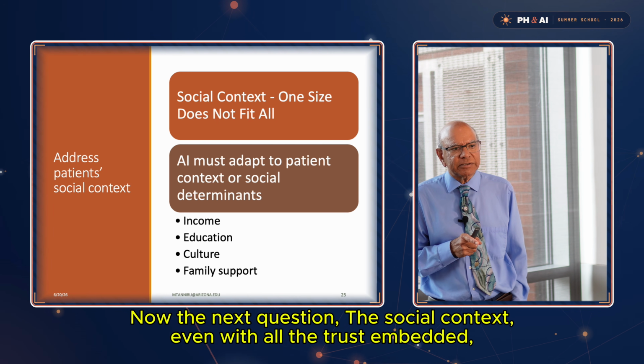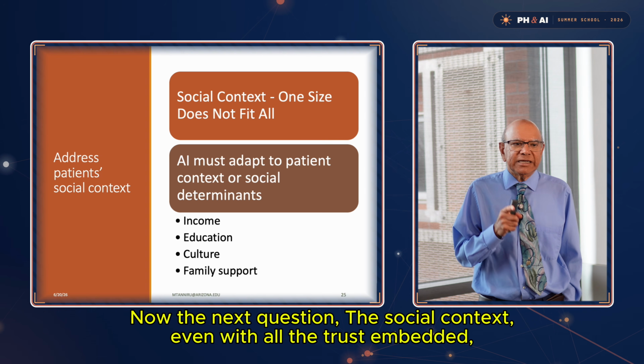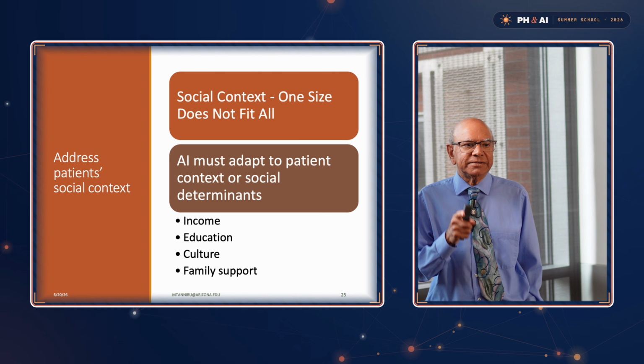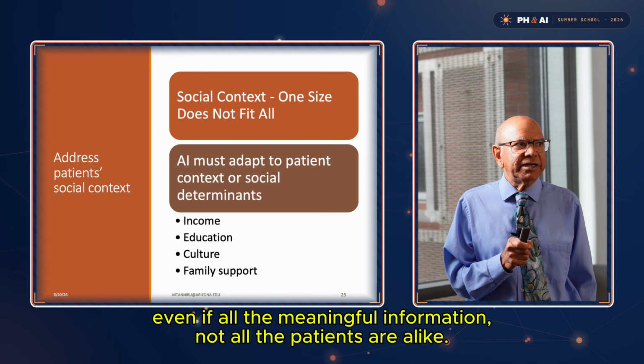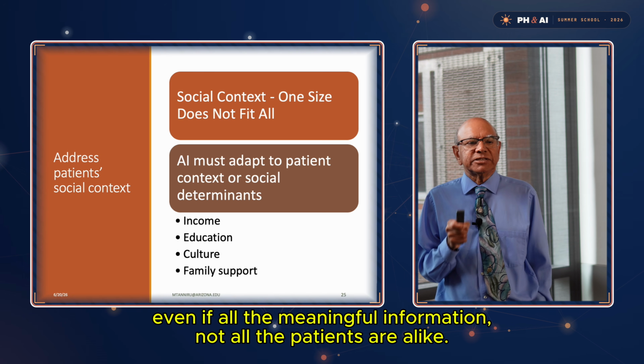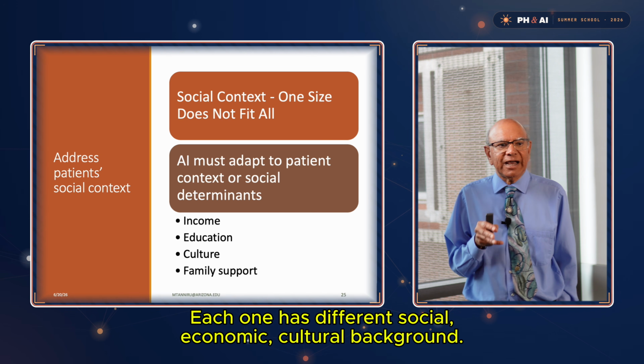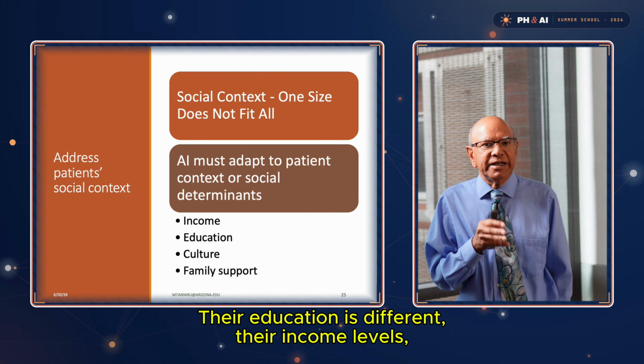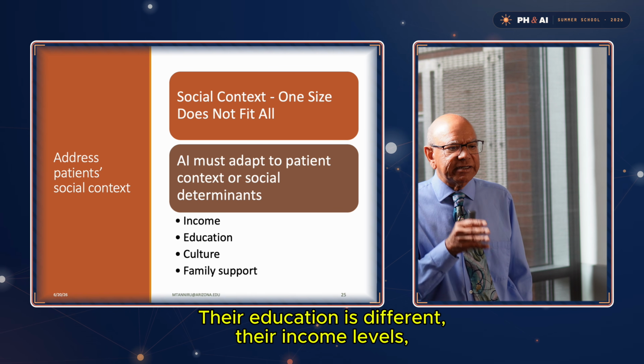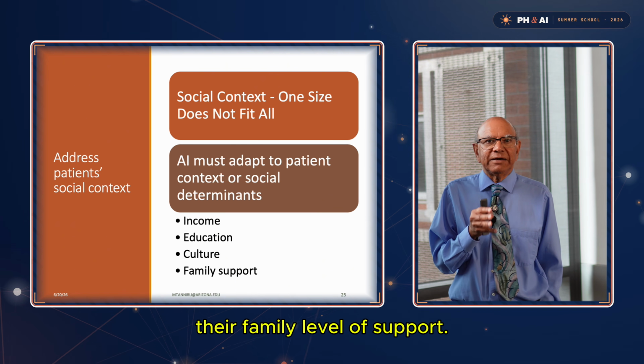Now the next question, the social context. Even with all the trust embedded, and all the meaningful information, not all patients are alike. Each one has a different social, economic, and cultural background. Their education is different, their income levels, their family level of support.